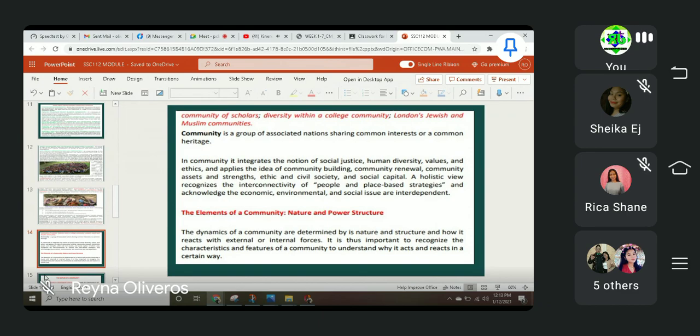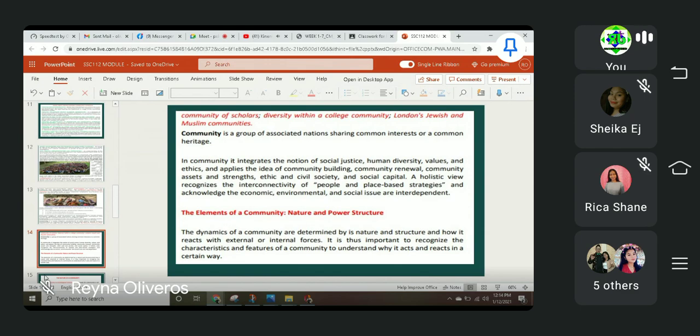Okay? So, a holistic view recognizes the interconnectivity of people and place based on the strategies and knowledge of the economic, environmental, and social issues that are interdependent. Okay?